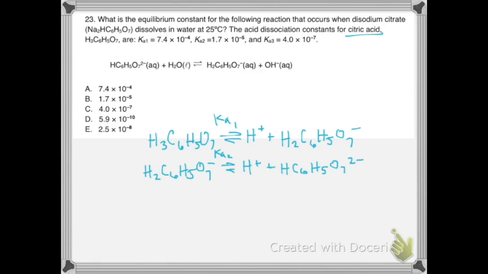Then our third dissociation will be HC6H5O7 2 minus dissociating to get a proton and C6H5O7 3 minus. That's Ka3.